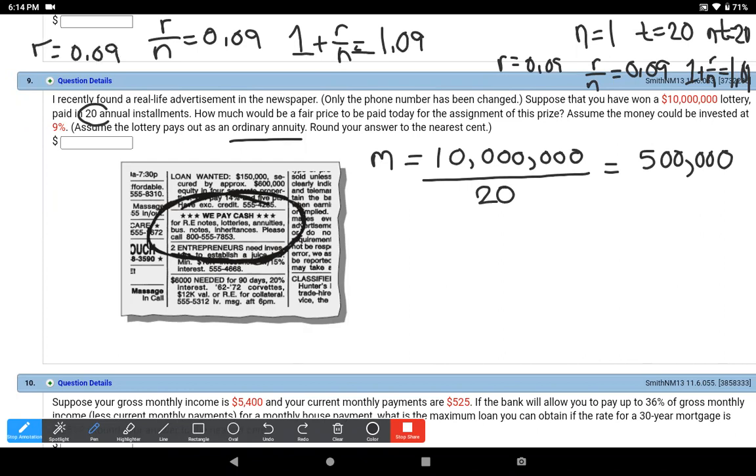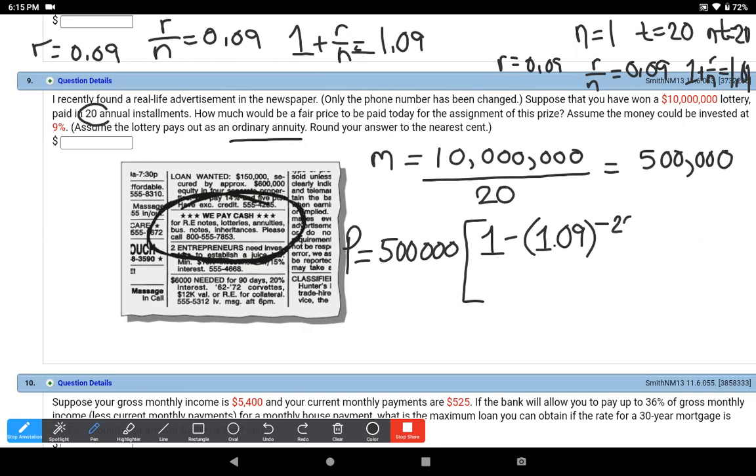Okay, so in case you couldn't read my notes over there. P is going to equal M times the numerator 1 minus 1 plus R over N, so 1.09 raised to the negative 20 because it's negative NT.